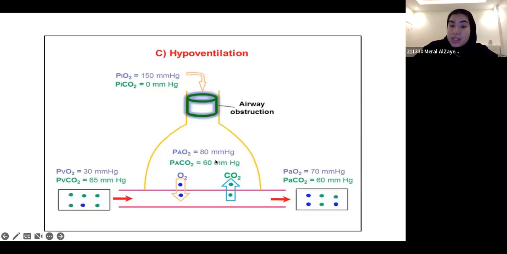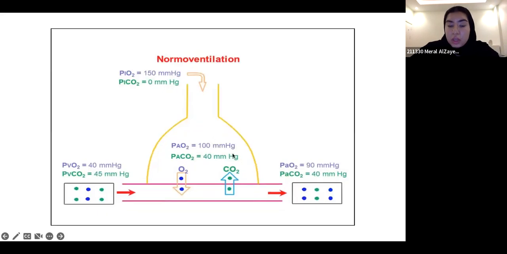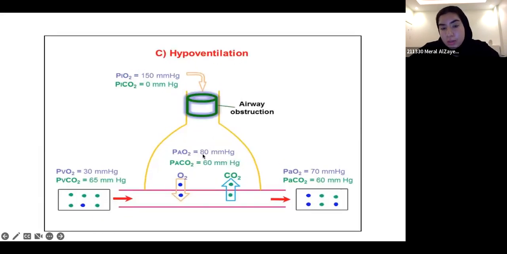So 40 compared to the 60 here increased. So the amount of carbon dioxide in hypoventilation increased. However, 80 compared to 100, it decreased. Sorry. So the partial pressure of oxygen in hypoventilation decreases, and the partial pressure of carbon dioxide in hypoventilation increases. Okay, why is this?